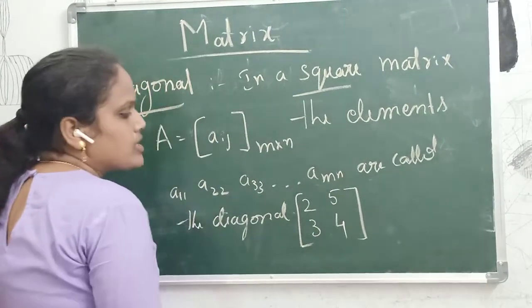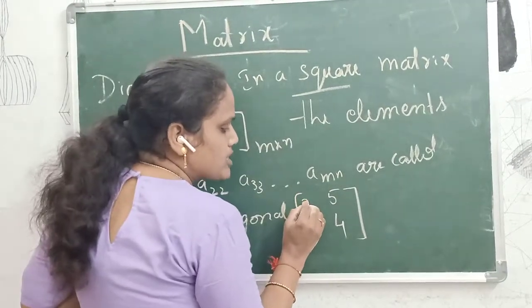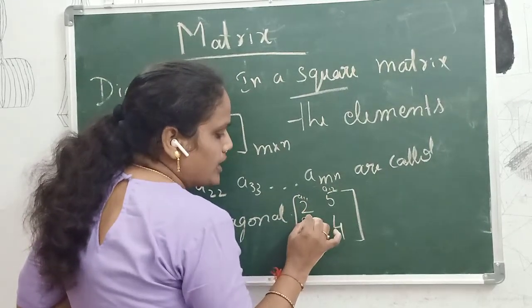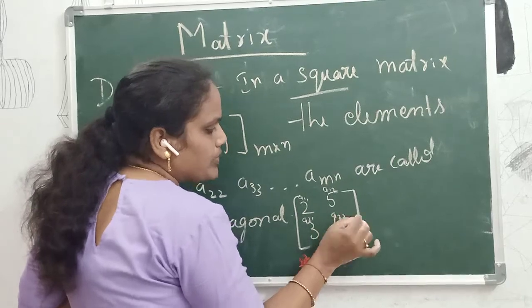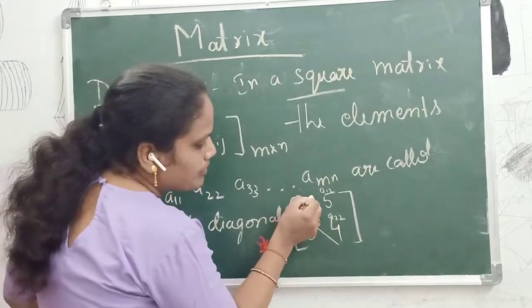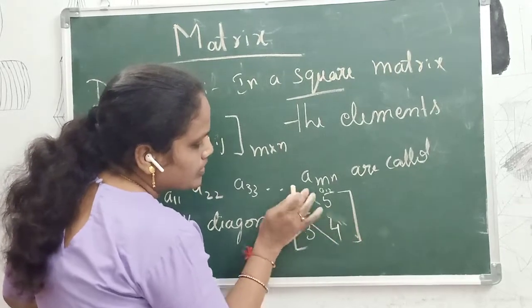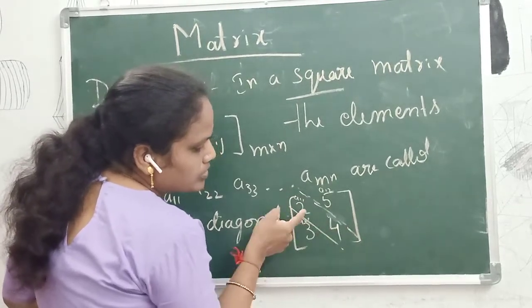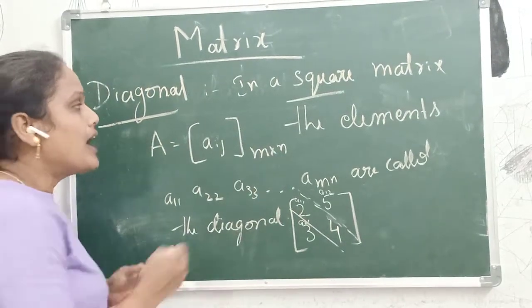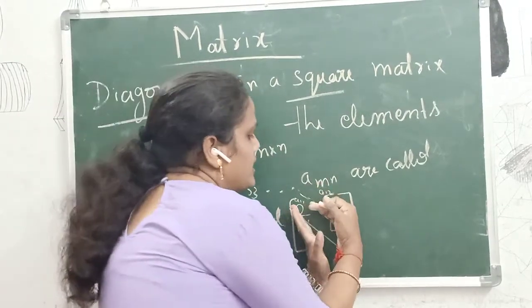The places of these numbers are a11, a12, a21, a22. So a11 and a22, that is 2 and 4, are the diagonals of this matrix.